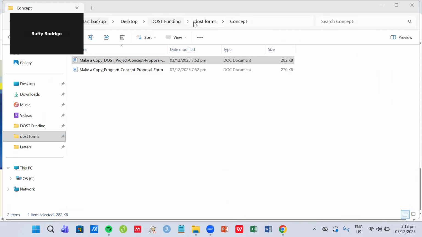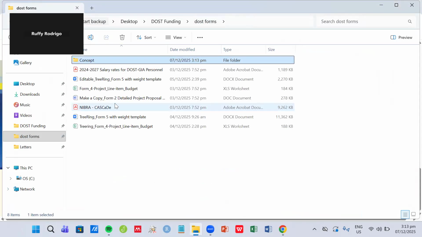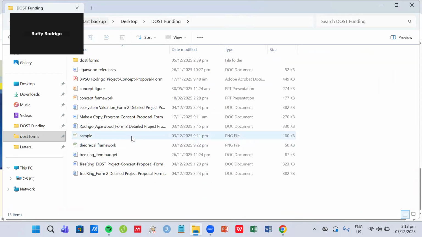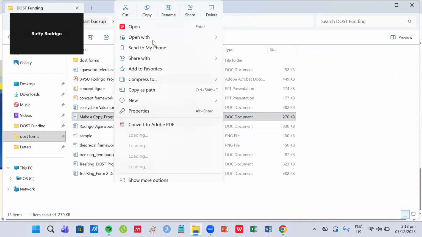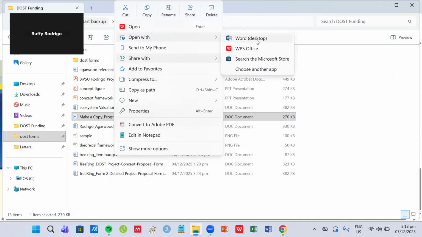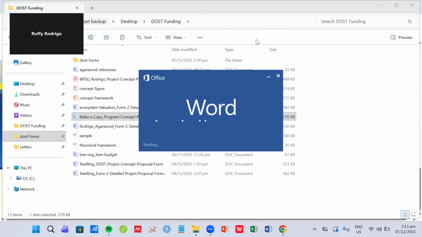I think I'll try to go back to my detailed project proposal online, and I'm not sure if I have it here, but it should be here. So here this funding, concept proposal. This is my concept proposal. Let me just try to open this. All right.